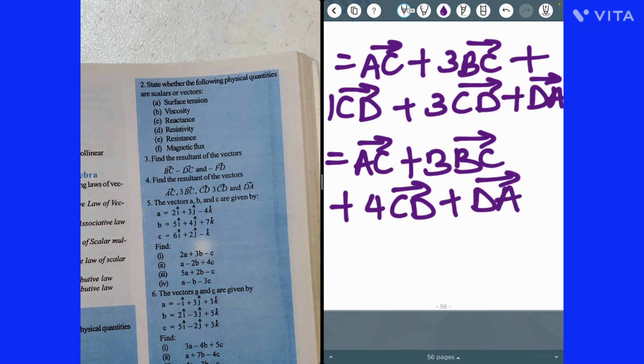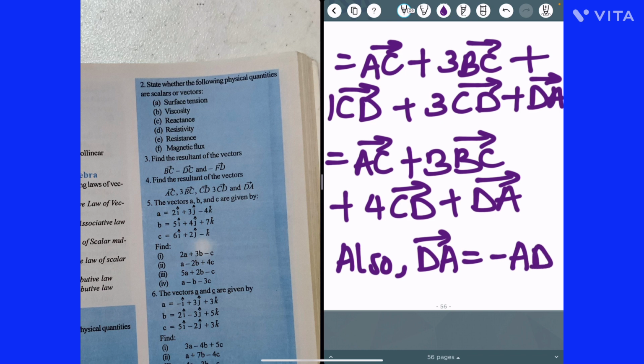Is that clear? Good. So take note that DA is the same thing as minus AD. DA is the same thing as minus AD. Then AC plus CD is equal to AD.